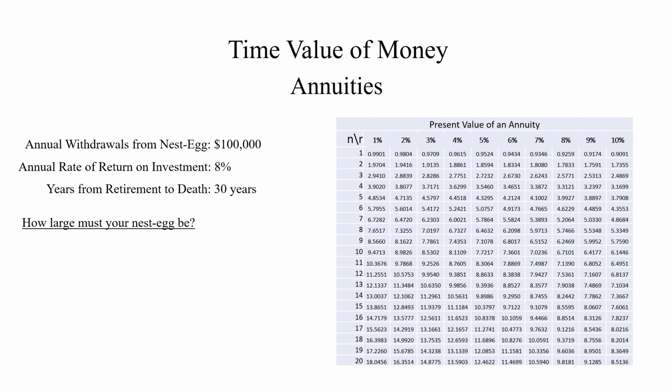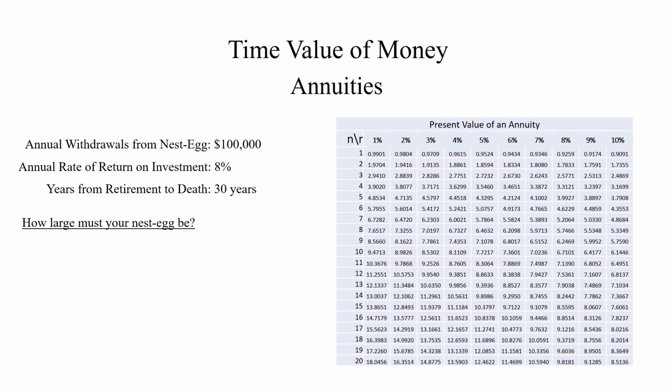And the years from retirement to death, at which point your nest egg will be drawn down to zero with the last withdrawal, will be 30 years. How large must your nest egg be in order to fund your retirement? According to the rough and dirty method, you'd need $3 million. But this method neglects the fact that what remains of the principal year after year continues to draw interest.